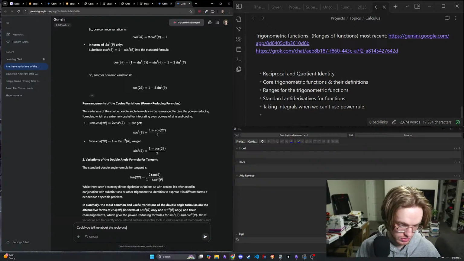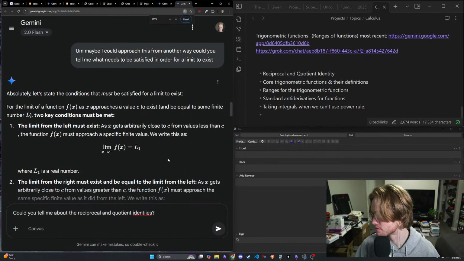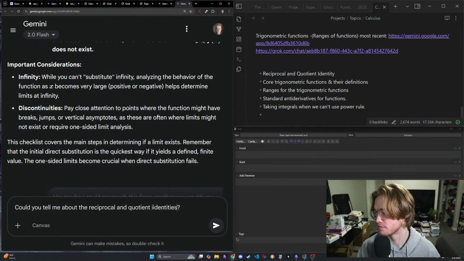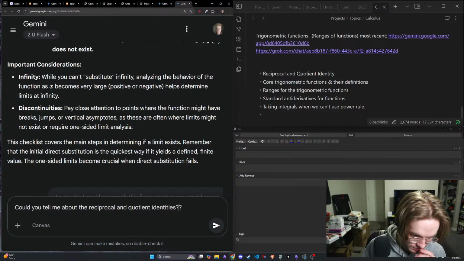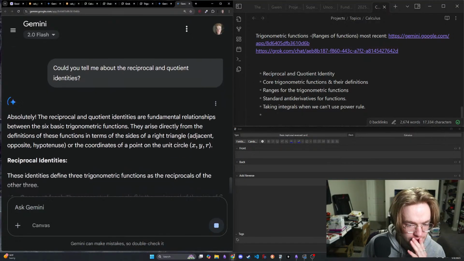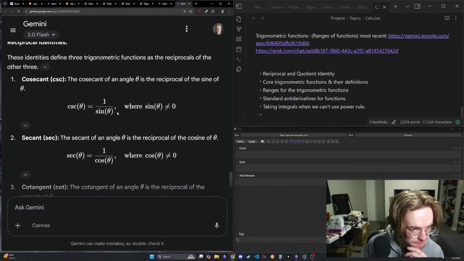Reciprocal and quotient identities. Oh, that's really tiny. Between the 6 basic trigonometric functions, they arise from the definitions. Okay, so these identities define 3 trigonometric functions as the reciprocals of the other 3.